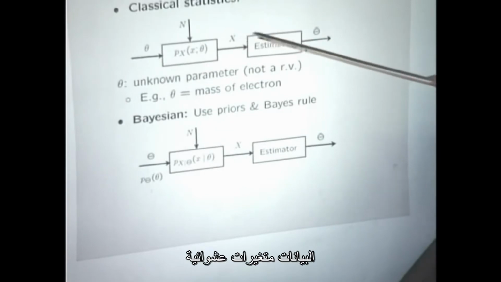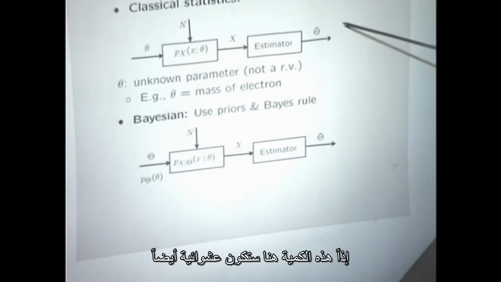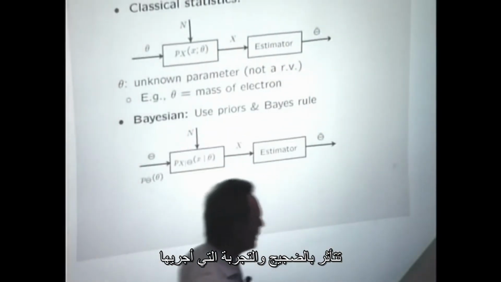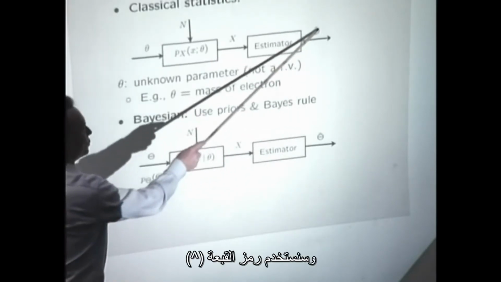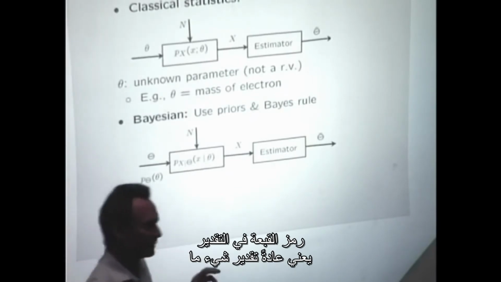The data are random variables, so out here we output something which is a function of a random variable. So this quantity here will be also random. It's affected by the noise in the experiment that I have been doing. That's why these estimators will be denoted by uppercase thetas, and we will be using hats. Hat usually in estimation means an estimate of something.